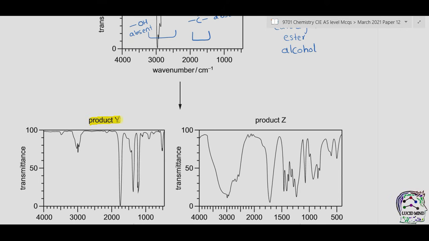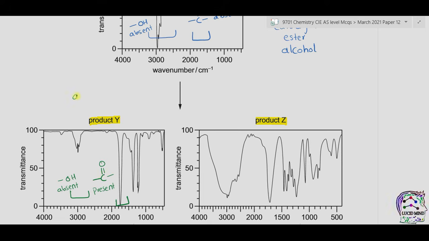This is product Y and this is product Z. From the given spectra, we can see that now carbonyl peak is present at around 1700 something. And around 2500 to 3000 broad peak is absent, so therefore OH is absent. So if carbonyl is present and OH is absent, it means it is not carboxylic acid.